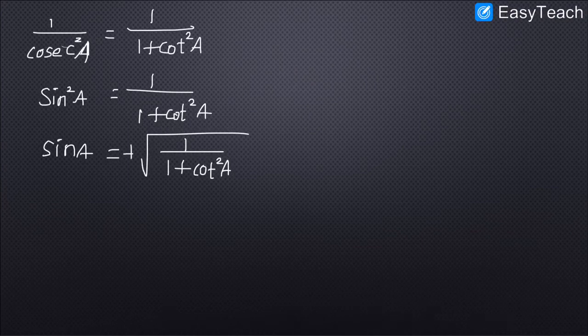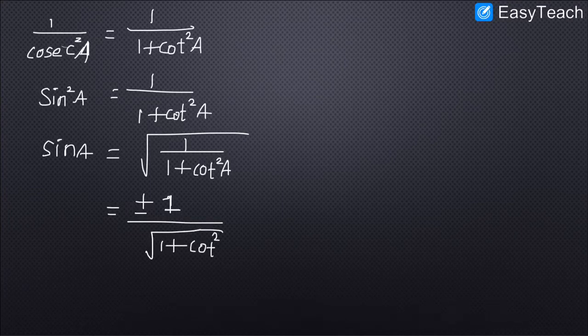When you take a square root, you always put plus or minus. So on the next step, when I take the root, I put plus or minus. On the numerator I write 1, the square root of 1 is 1, plus or minus 1, whole divided by the denominator, which I write as it is, root of 1 plus cot square a. Whenever you remove the square root, always put plus or minus.